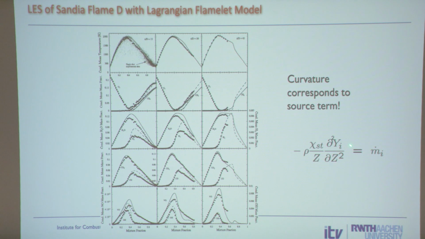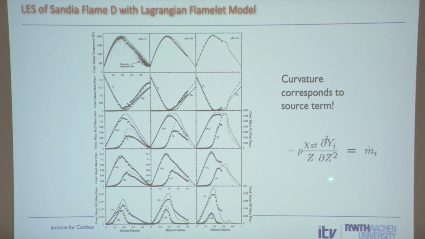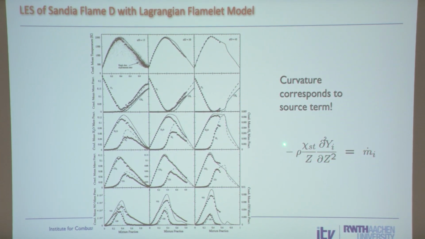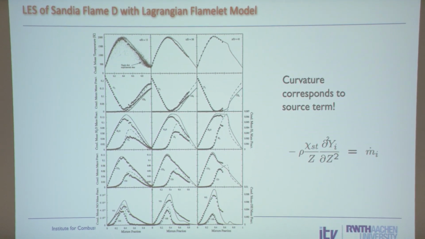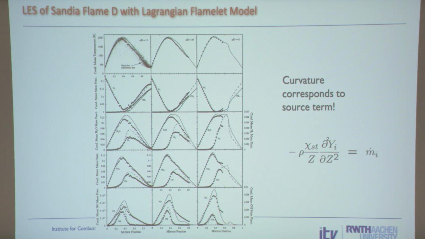And in fact, if the curvature is negative, with this minus, the chemical source term is positive. If the curvature is positive, the source term is negative. And if the curvature is 0, the chemistry is also 0. There's no chemistry going on. That's what these equations say, right? So that's what we can look at here.